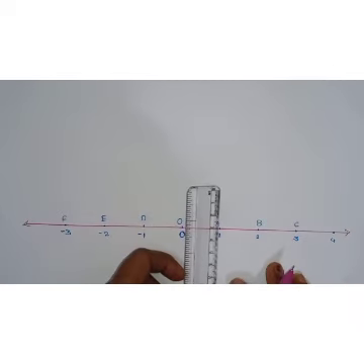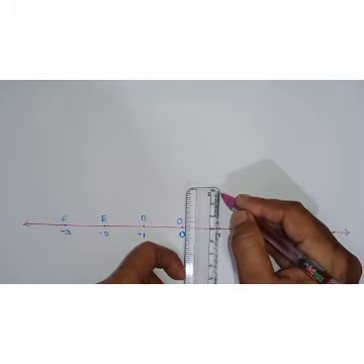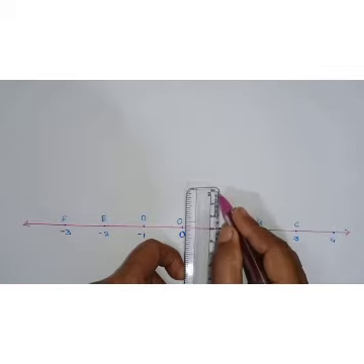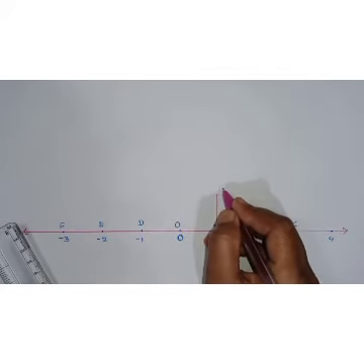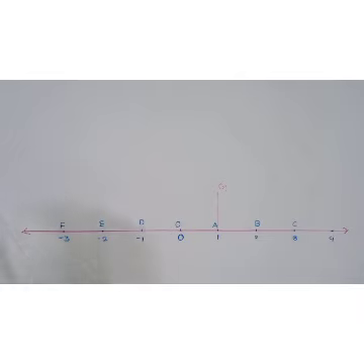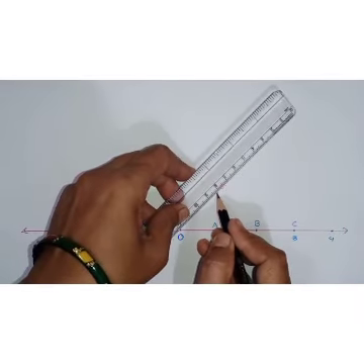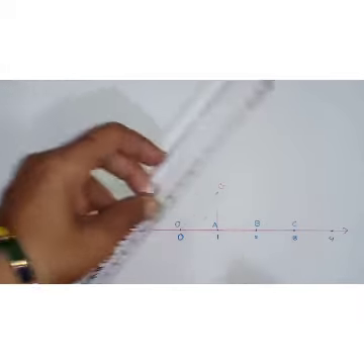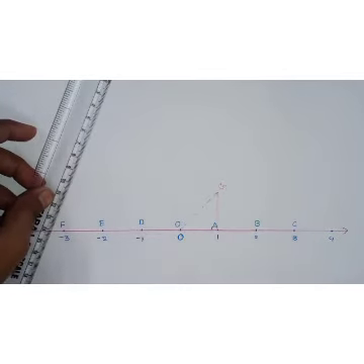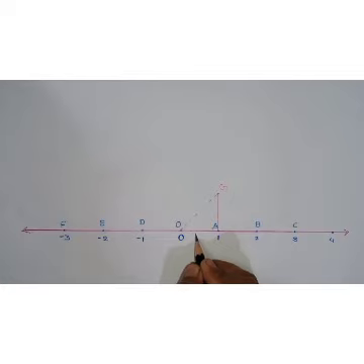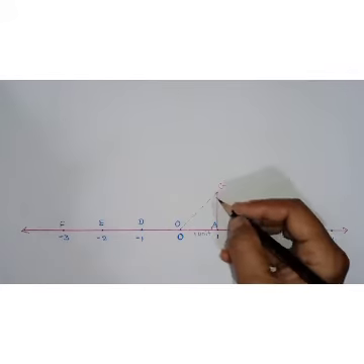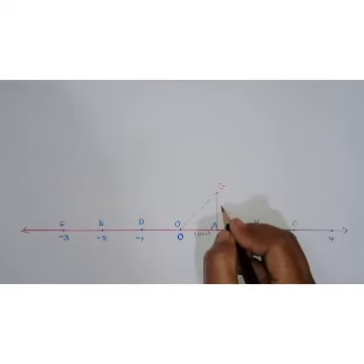So we take here a perpendicular distance and let us consider this point is G. Now if we join O and G, since this is a perpendicular distance, the triangle OAG is a right angle triangle and this distance is 1 unit. Similarly AG distance is 1 unit.